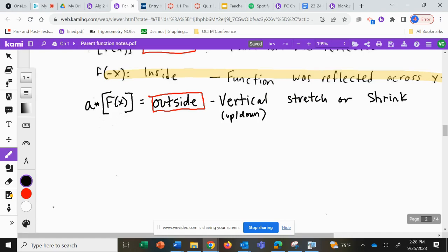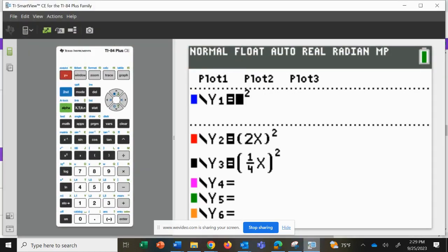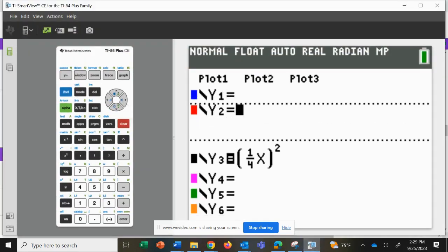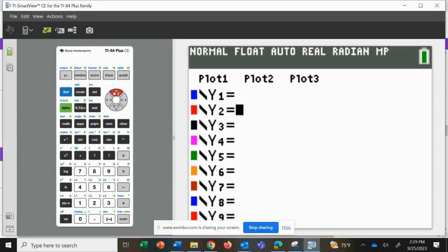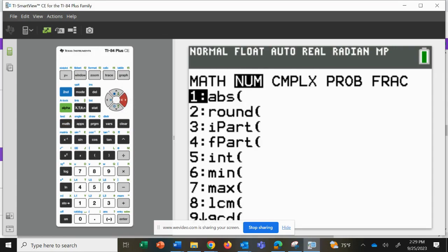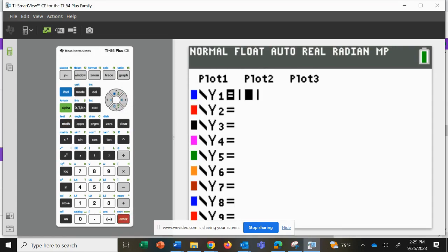So once you have that copied down so far, go ahead and open up your graphing calculator. Go to y equals. And let's start with the parent function of absolute value. Everybody make your y1 absolute value of x.